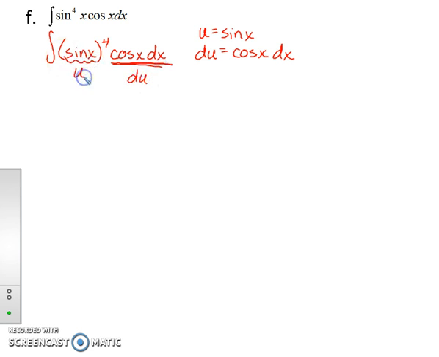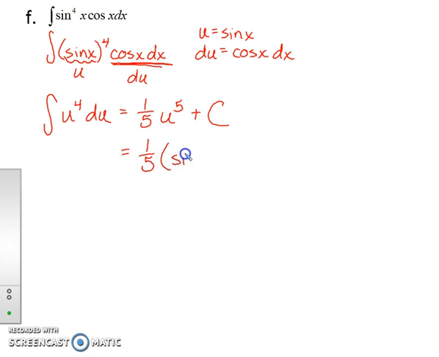There is my u. So my integral becomes u to the fourth du. Super easy. Reverse power rule. Then substitute the u back in. And you're done. Simple as that.